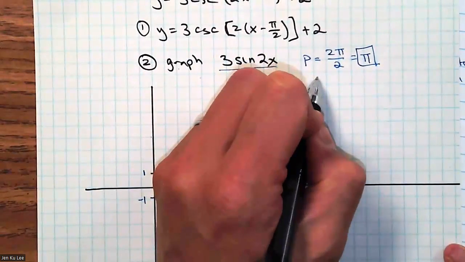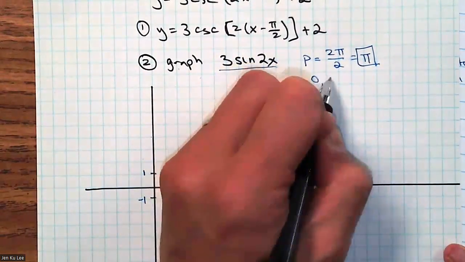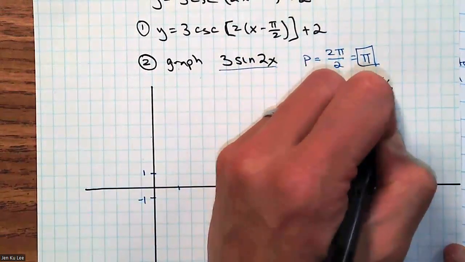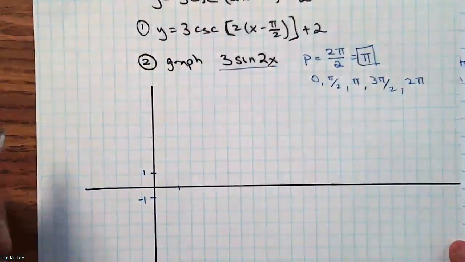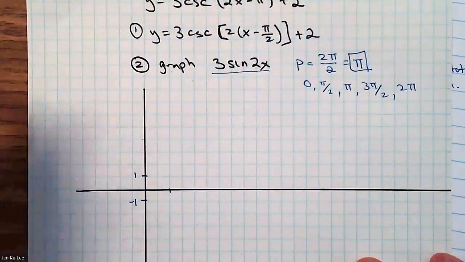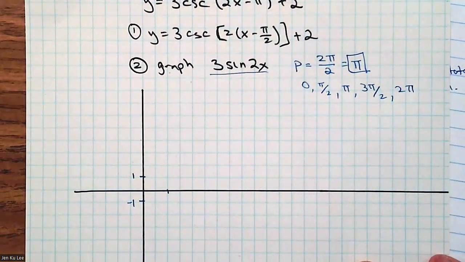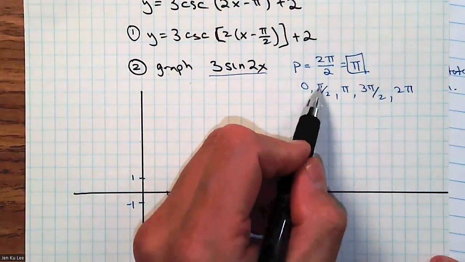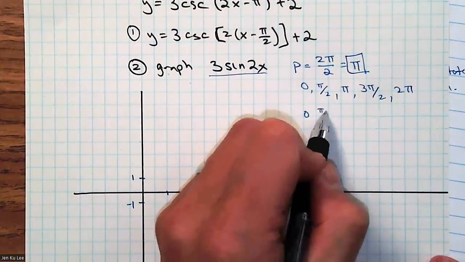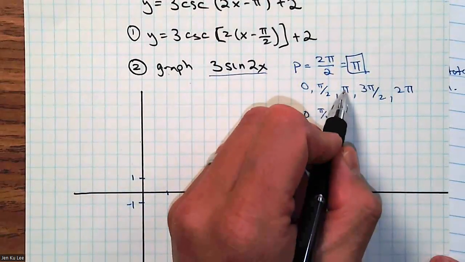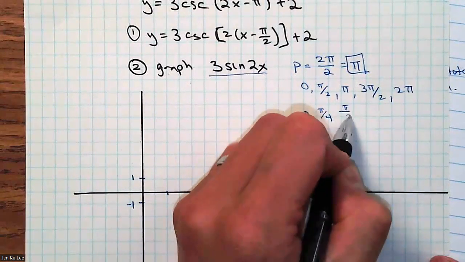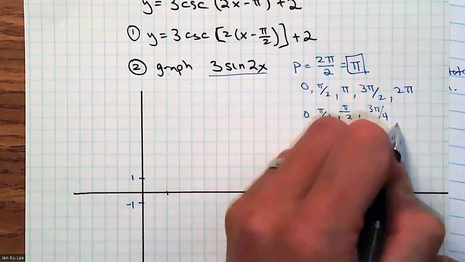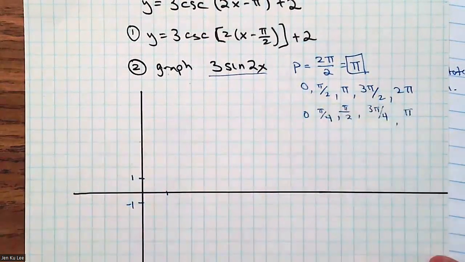So remember the key points on my x coordinate is 0, pi over 2, pi, 3 pi over 2, and 2 pi. Those are all my x key points. So I'm going to divide everything by 2. 0 divided by 2 is 0. Pi over 2 divided by 2, that's pi over 4. Pi divided by 2 is just pi over 2. 3 pi divided by 2 is 3 pi over 4. And then 2 pi divided by 2 is just pi.